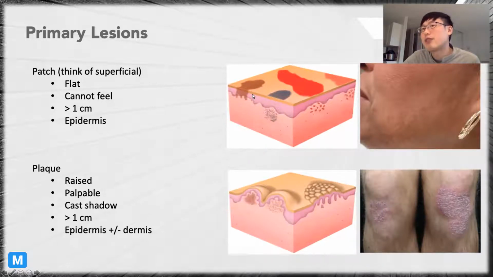That's why the lesion is flat. If you run your hands over the lesion, it's going to be flat. You're not going to feel the rash. And for plaque, it's a process in the epidermis, plus or minus the dermis. You can see here some process going on in the dermis. That's why the patient will have a more raised lesion and more palpable lesions.